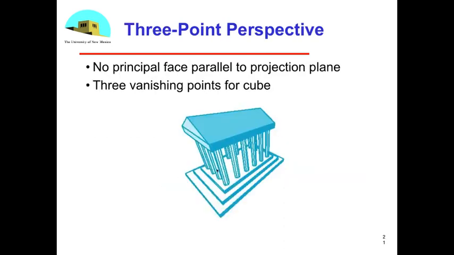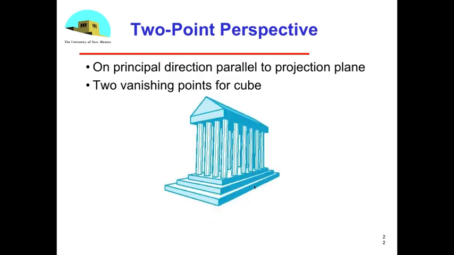So, to review, here's the 3-point perspective. No principal face is parallel to the projection plane, and you get the three vanishing points for the three principal directions, which you could draw out by following these lines that were parallel in the object. A 2-point perspective has two of the directions converging.